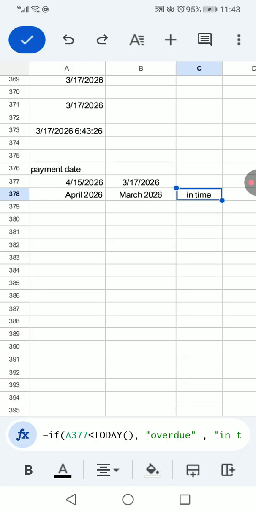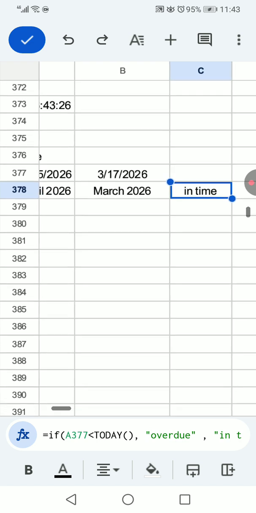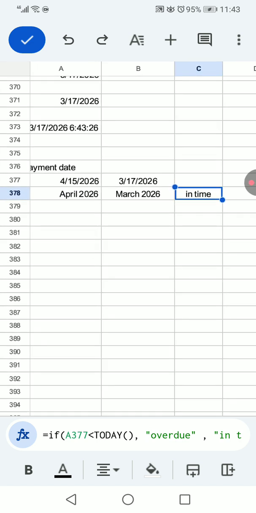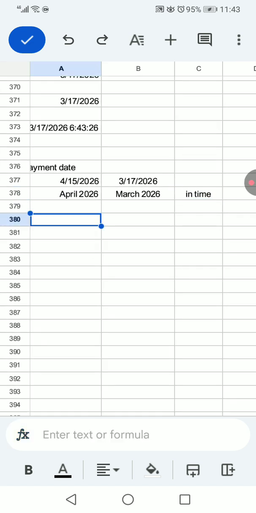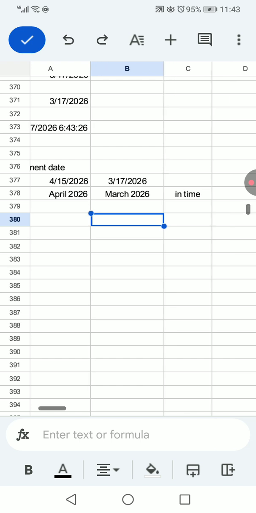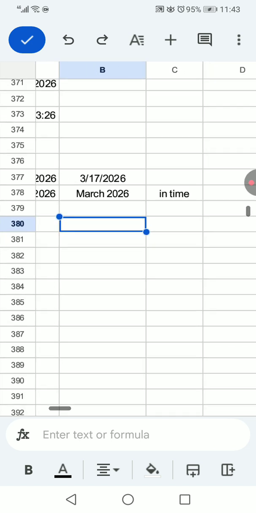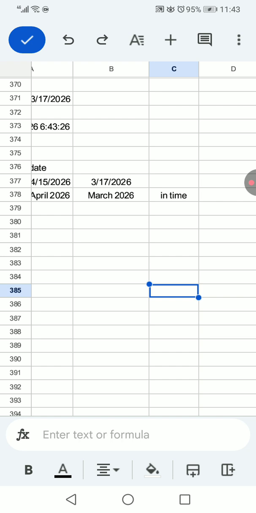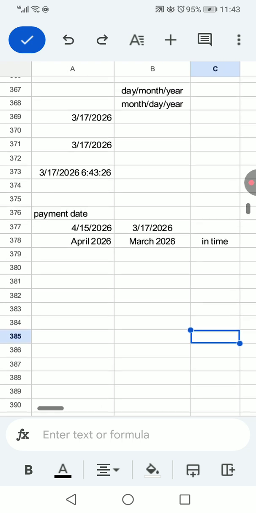I have taken it, so you can see that it has shown the result. So instead of matching these dates yourself and then counting the number of days on hand, you will be using these formulas for overdue payment or in-time payment.